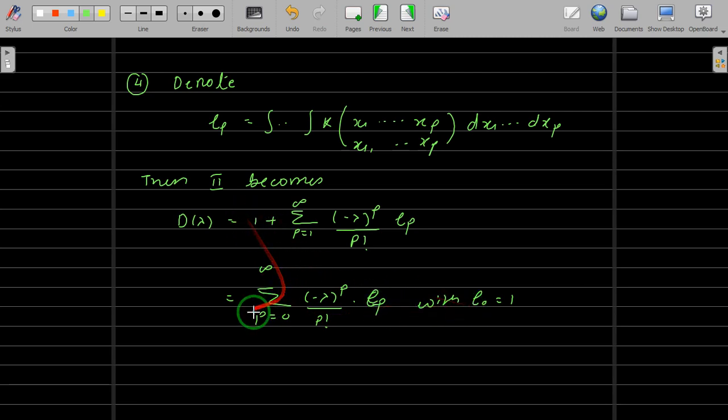That is your first term, and then your series will start from p equals 1. So if you denote this integral by small cp, equation 2 becomes this series.